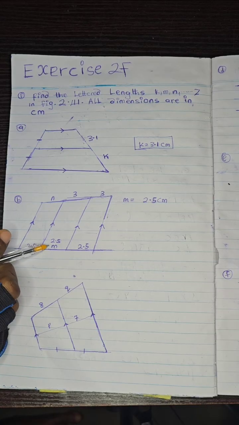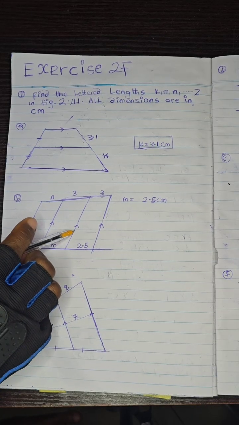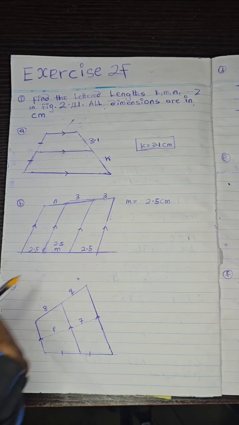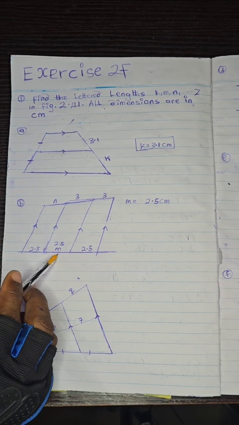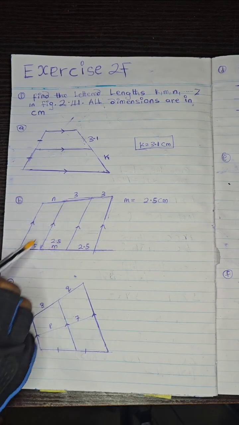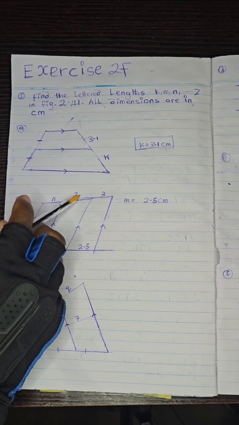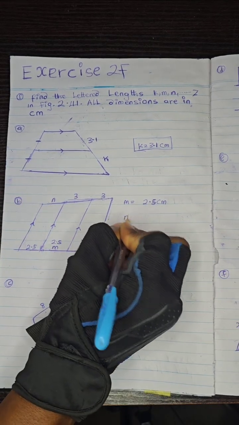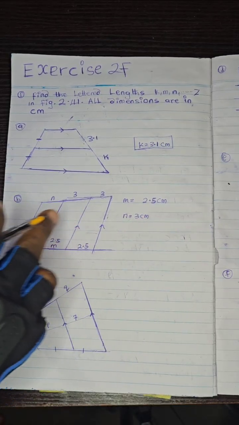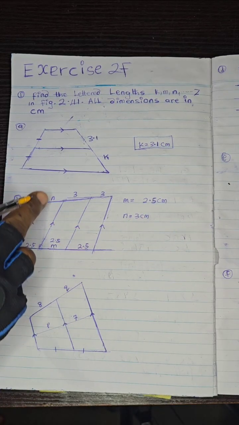So here now, solving for this, we check this diagram here. Since this is equal to this, the equal intercept theorem now applies. So from there, I can say n is equal to 3 cm. Some people will just see this and say, oh, because it's moving like this, here will be 3, here will be 2.